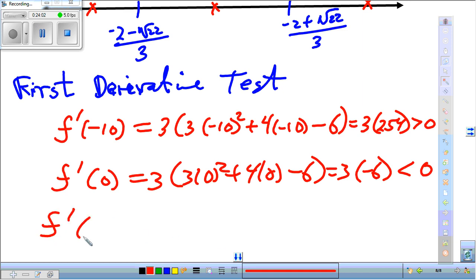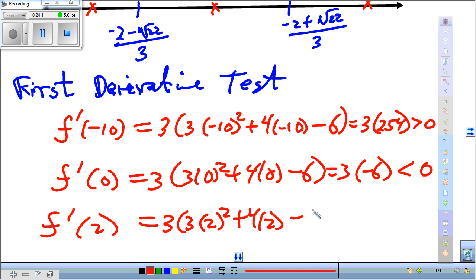And then make the last test of the derivative at the value 2. 3 times, this would be 14, so back to positive. So this is telling us it increases, decreases, and then increases.